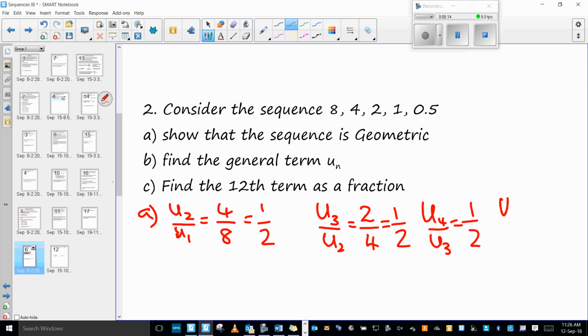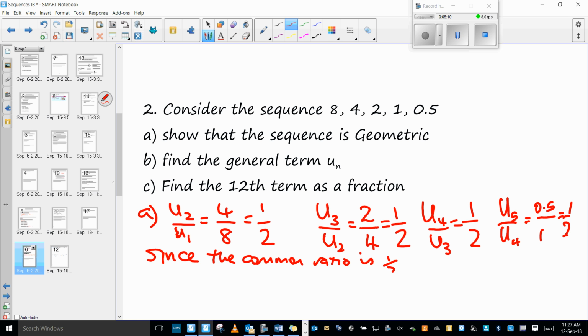And they've got 5 terms, so we should do more. U5 divided by U4 would be 0.5 divided by 1, which in fraction format would be 1/2, since we know that 0.5 is a half. Since the common ratio is 1/2, it is a geometric sequence.